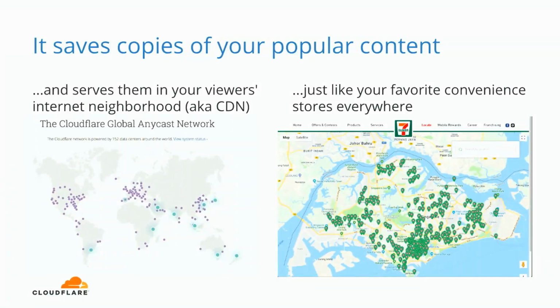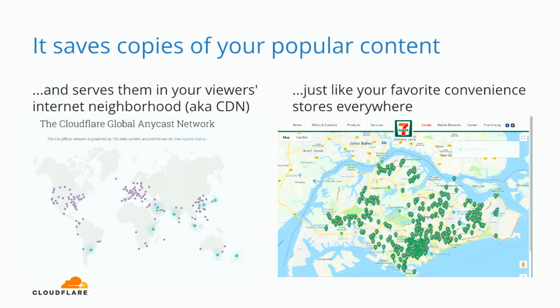Okay. So just now I talked about the benefits of reverse proxy in more technical terms. Now let's drill down to look at what it actually does, right? The first thing, as I mentioned, is caching. Let's use Cloudflare as an example. Right now we have 152 data centers across the world.